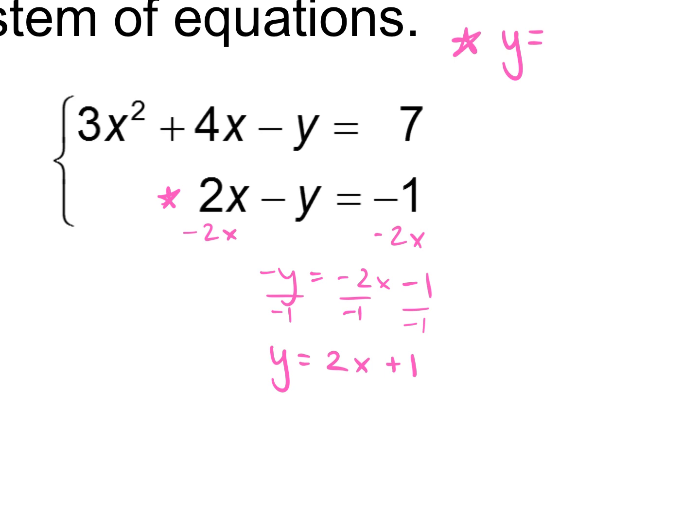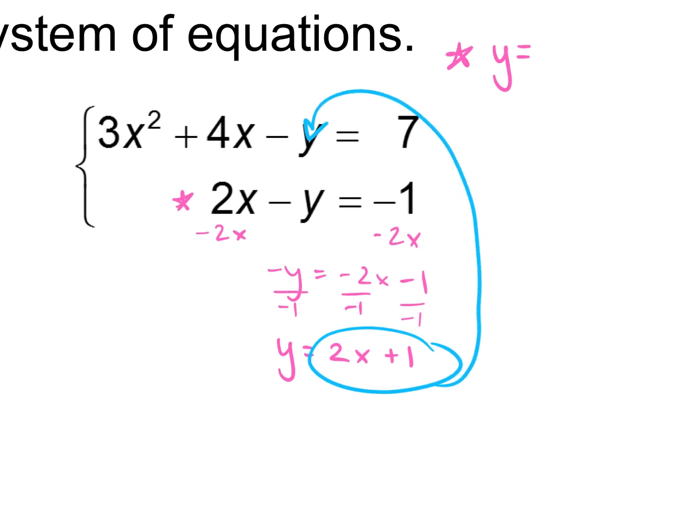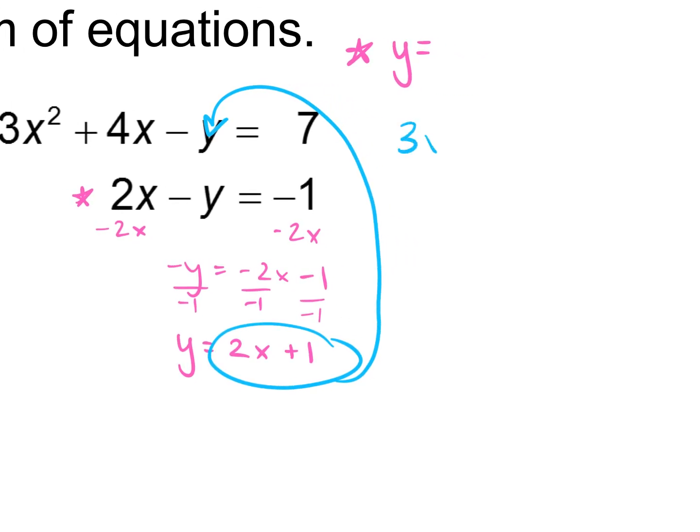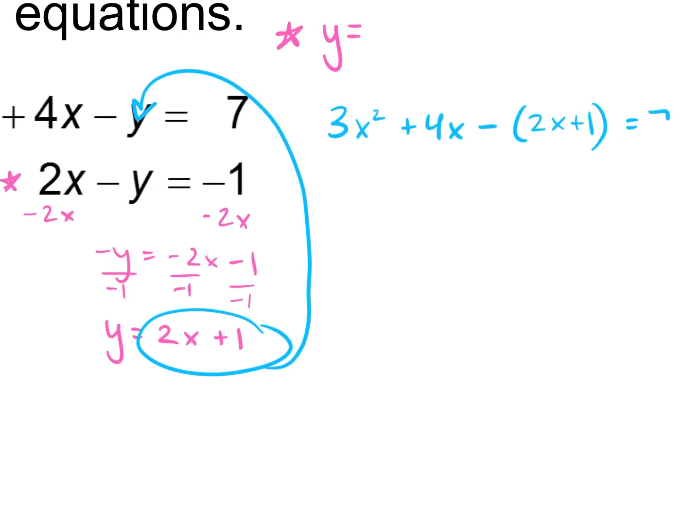Now that we have y all by itself, we can take what y is equal to and substitute it into the other equation. So here we have 3x squared plus 4x minus (2x plus 1) is equal to 7. Does everybody see what I did there? We just took what y is equal to and substituted it into the other equation.